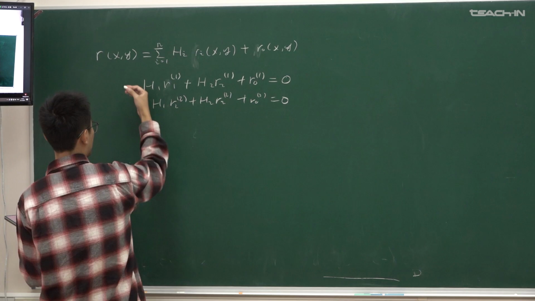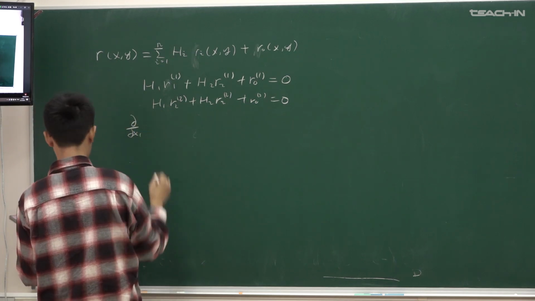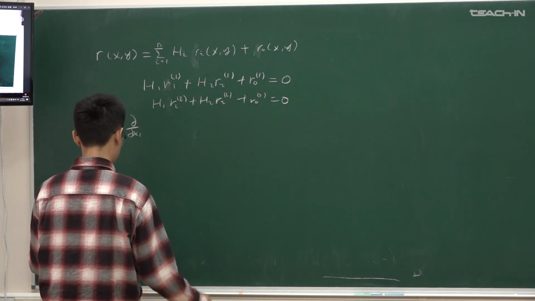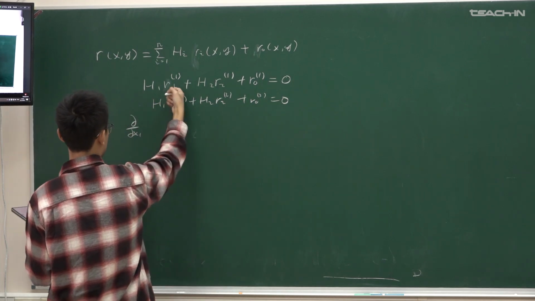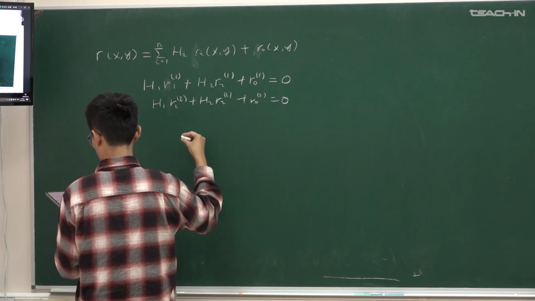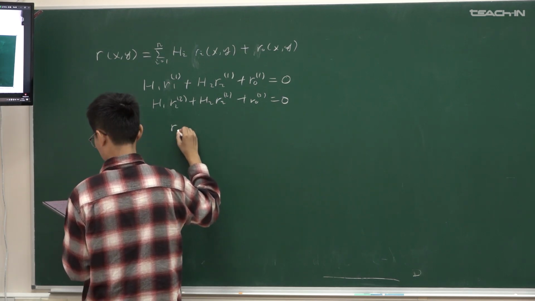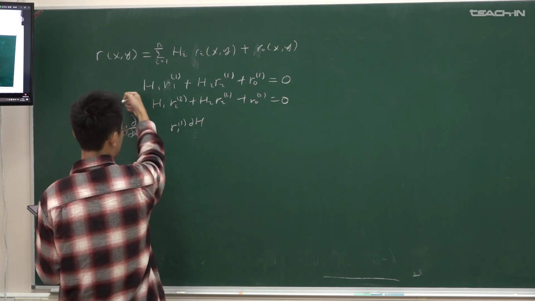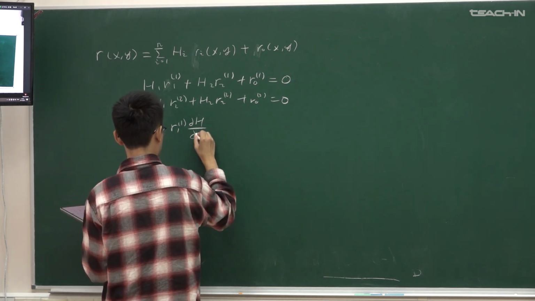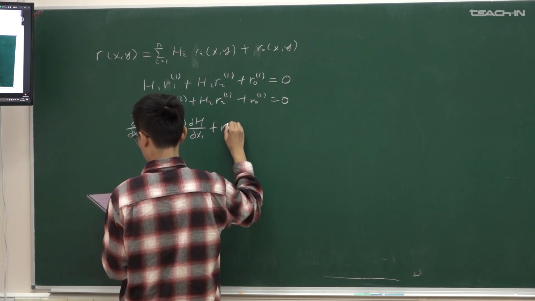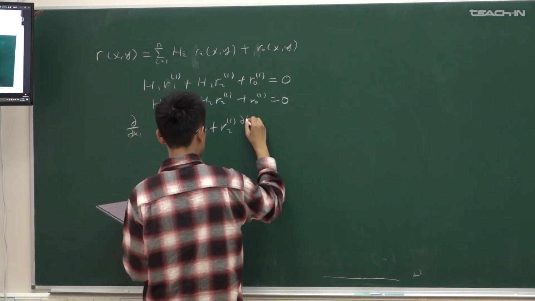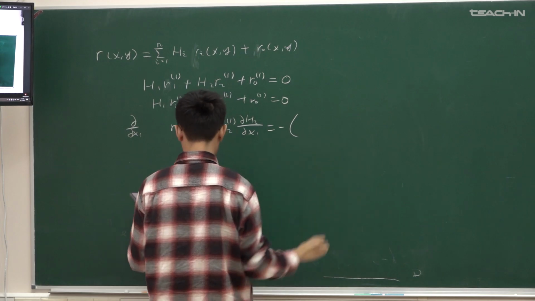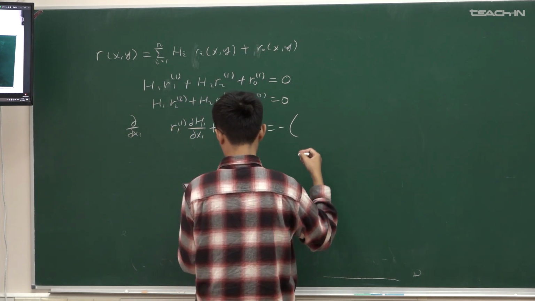So first, by the Leibniz rule, all this term related with this, we could write as, we put all partial h on the left hand side, and r on the right hand side.